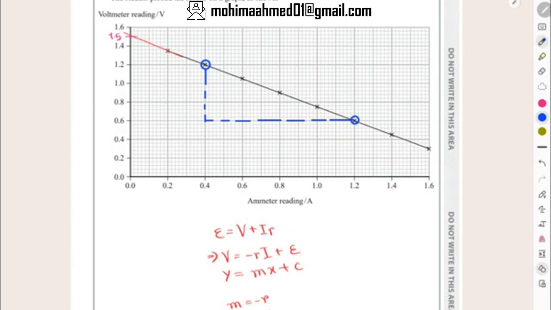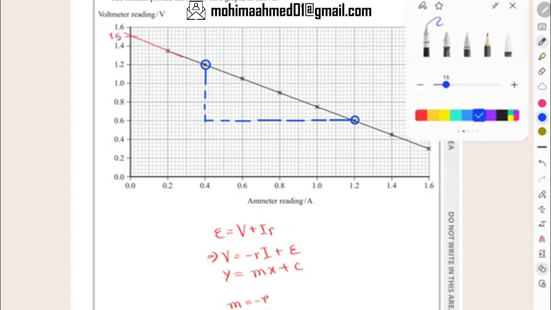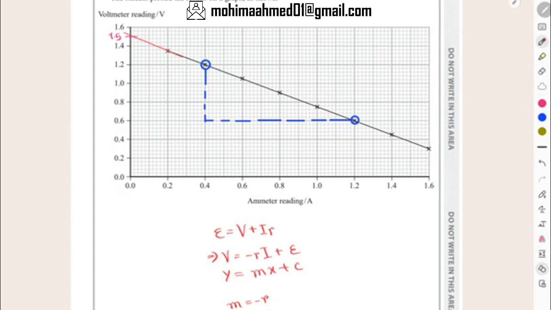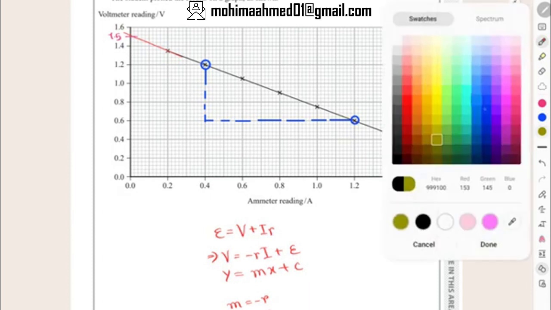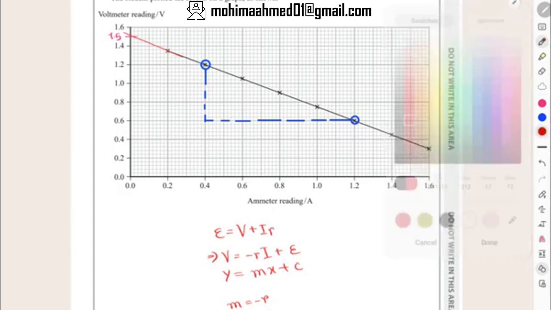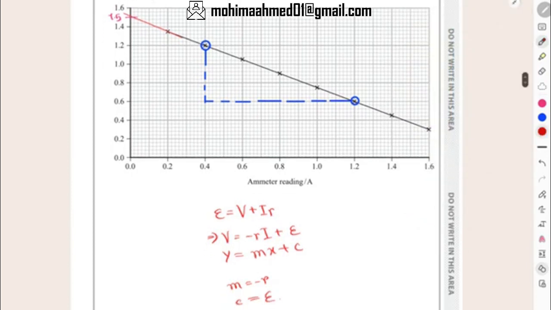Okay, so this is the case. Now, you can find out the gradient. Change in y over here would be 1.2 minus 0.6, which is 0.6.